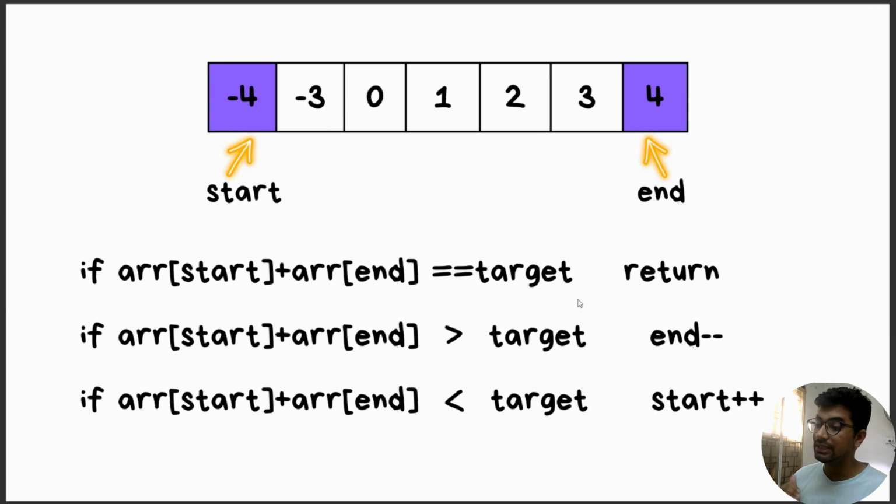Let's take another case: if the sum of start and end is less than target, it means the sum of the numbers we have chosen is very small compared to the target, so we have to increase those numbers, then only can we reach the target. How do we increase the numbers? We have to move right.